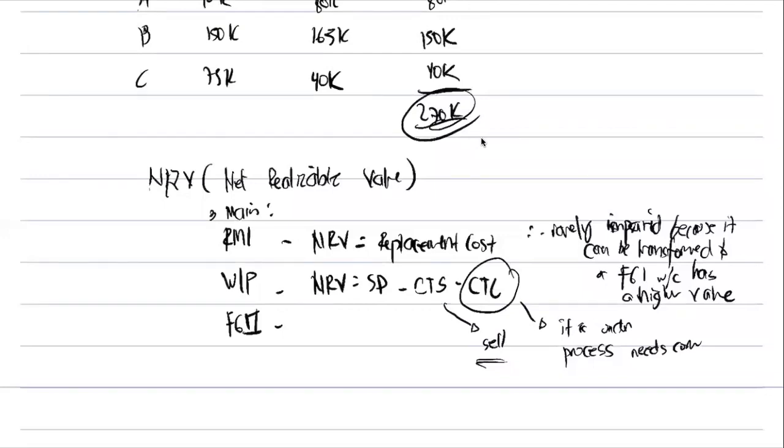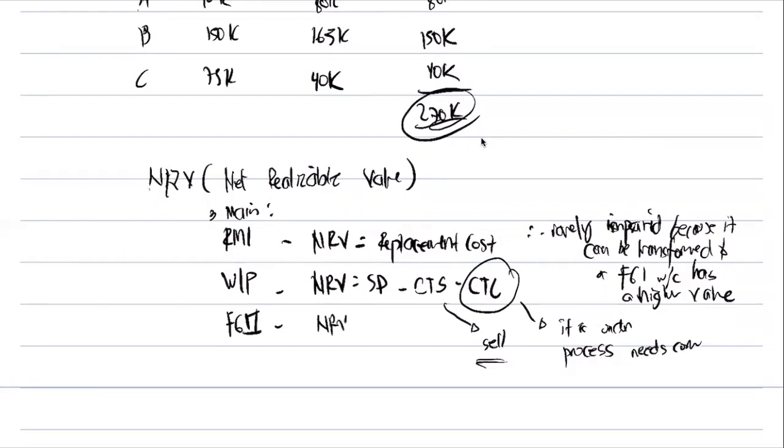Sir, why do we need to know the NRV of each particular inventory type? Because guys, if ever the problem provides you only the cost of the items and does not give you the NRV, then you need to compute it on your own. And you should know what items are to be deducted and what items are not to be deducted. So WIP, selling price less cost to sell less cost to complete.